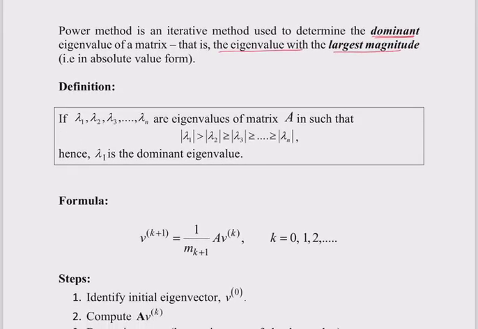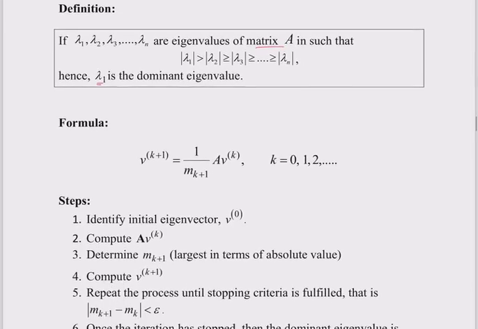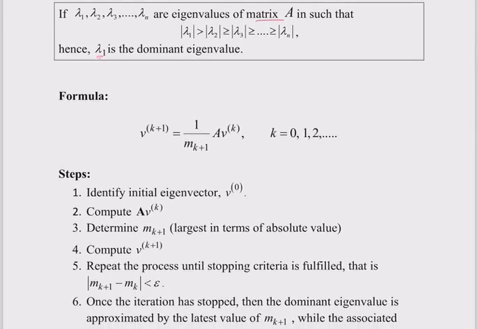If lambda 1 up to lambda n are eigenvalues of matrix A such that the absolute value of lambda 1 is greater than the absolute values of lambda 2 up to n, then lambda 1 is the dominant eigenvalue, that is the largest one. And we can use the power method that is given by the formula that I put in the box now.